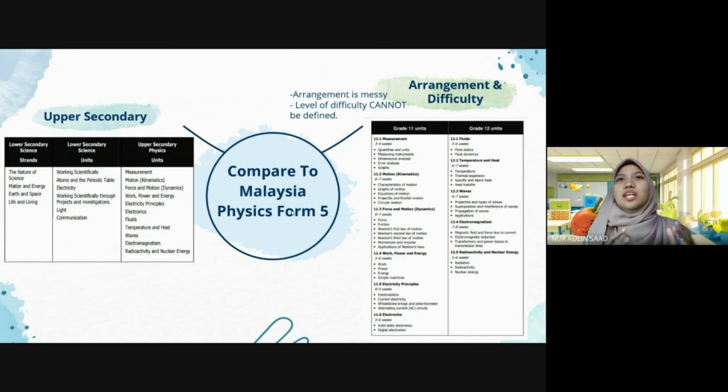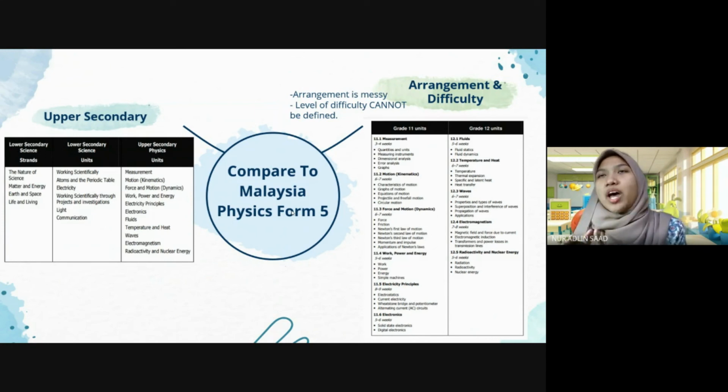The arrangement of physics education in Papua New Guinea is a little bit messy and the level of difficulty cannot be defined, because there are no themes and also the hard level and the easy level are mixed.